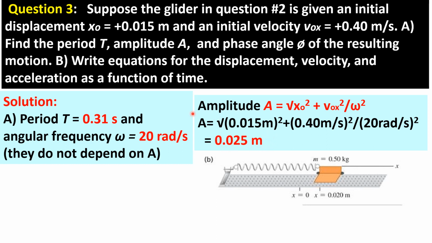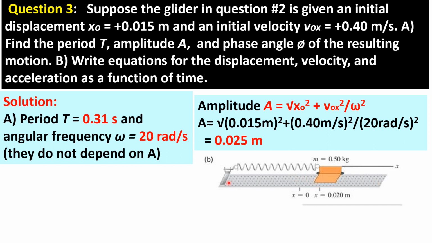The amplitude refers to the maximum displacement acquired by the oscillating body. The one to the right of the equilibrium position, where the value of x is positive, if that happens to be the maximum displacement, then that is the amplitude.